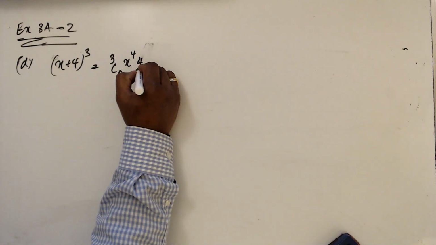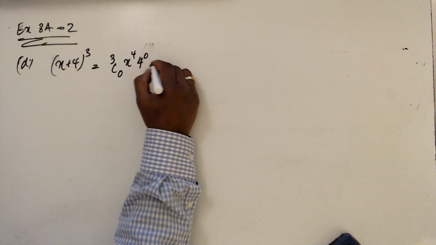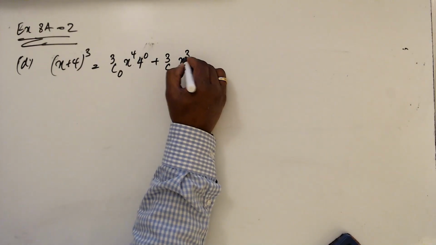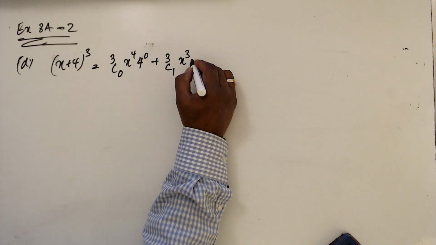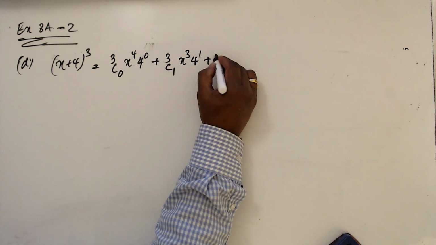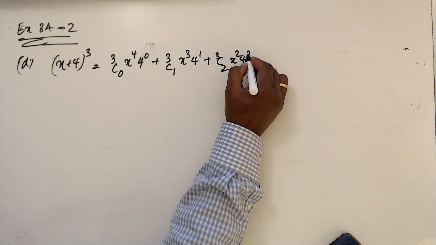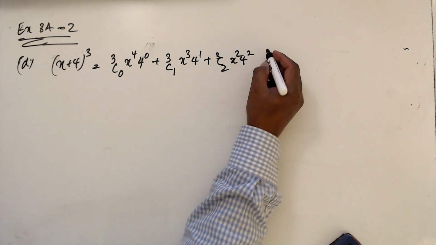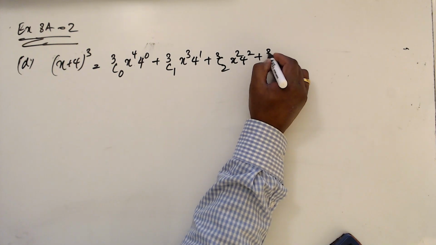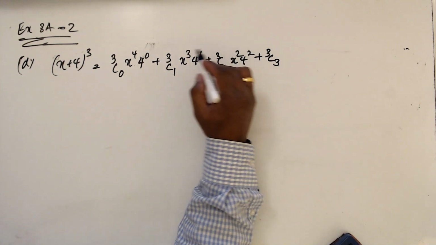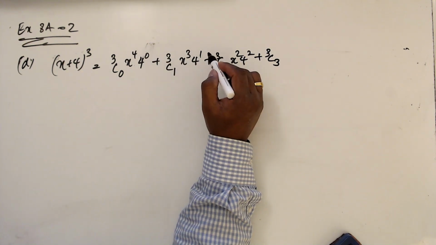No, we'll write actually 4 to the 0, and 3C1 x squared 4 to the 1, and 3C2 x times 4 squared, and 3C3 4 cubed.